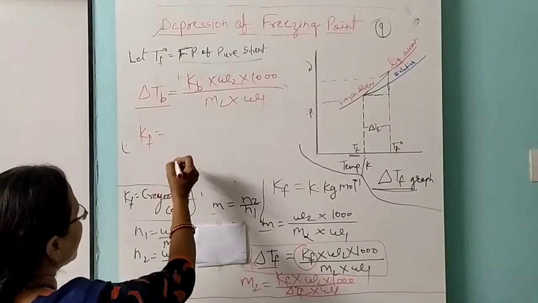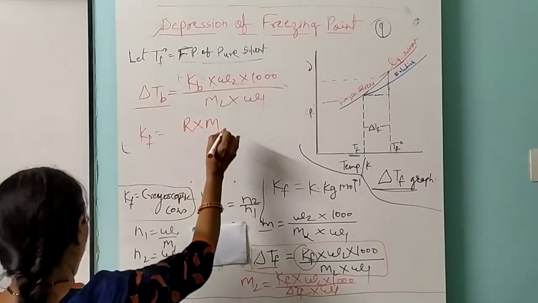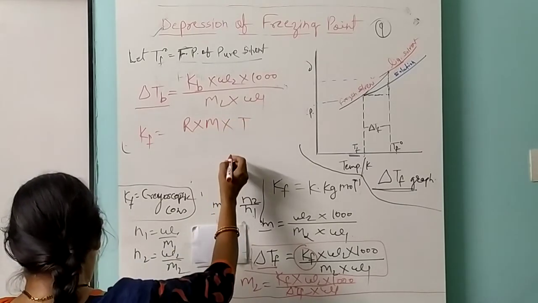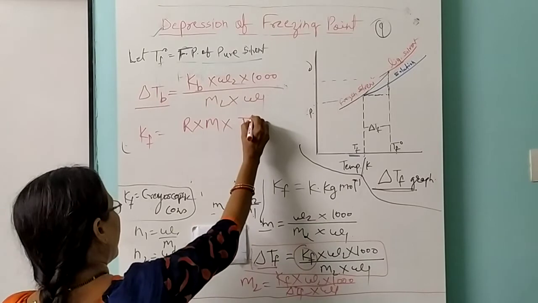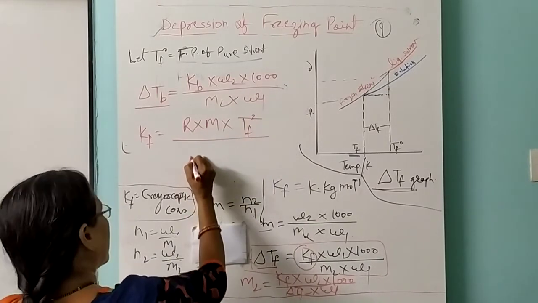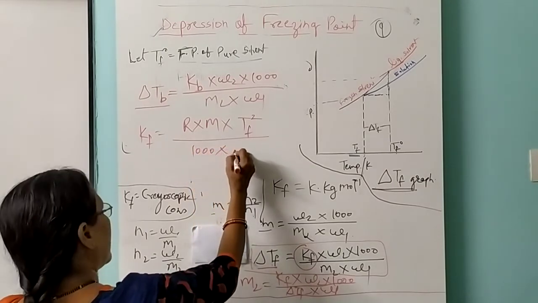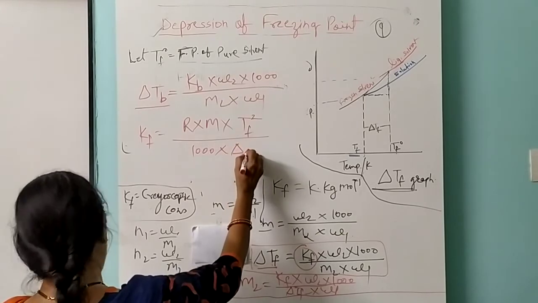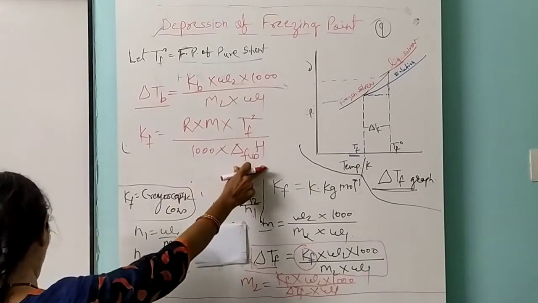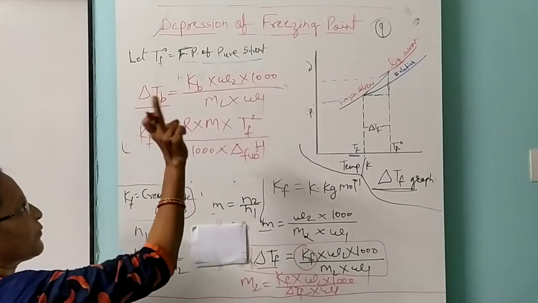So this Kf here we will write R into M into T2 upon 1000 into delta H of fusion. Fus means fusion, enthalpy of fusion, right? And this T2 is my second temperature, T1 is my first temperature.